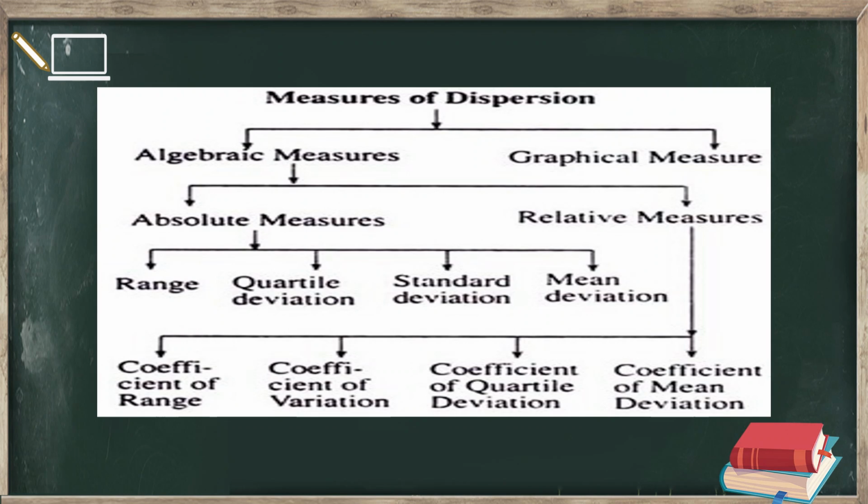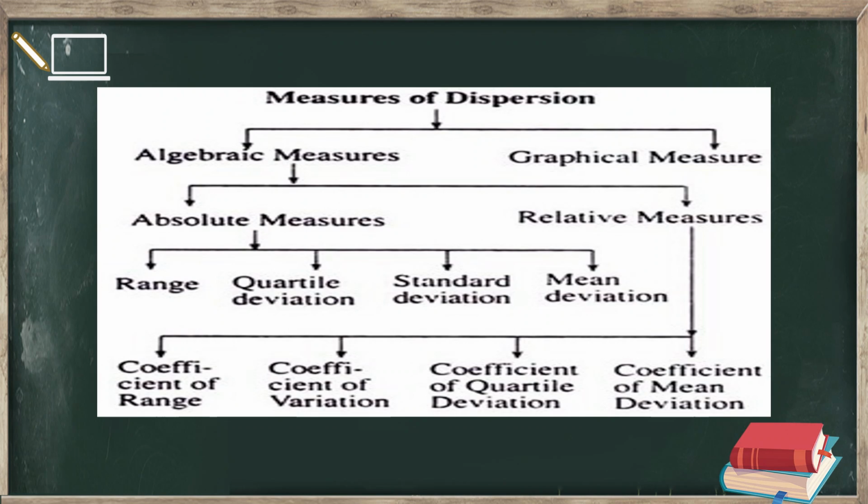When it comes to relative measures, the measure of dispersion is free from the unit of measurement of the data. It is the ratio of a measure of absolute dispersion to the average from which absolute deviations are measured. That is why it is sometimes also called the coefficient of dispersion. There are four different types of absolute measures available: range, quartile deviation, standard deviation, and mean deviation.